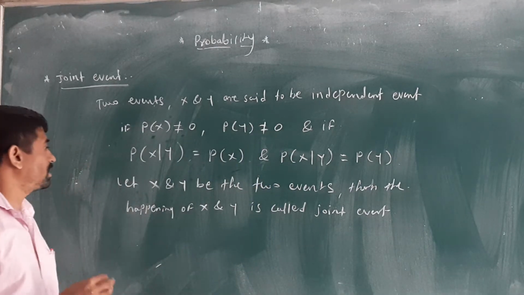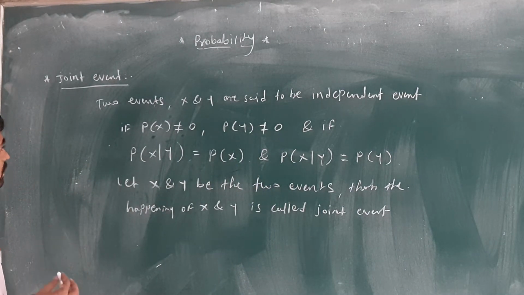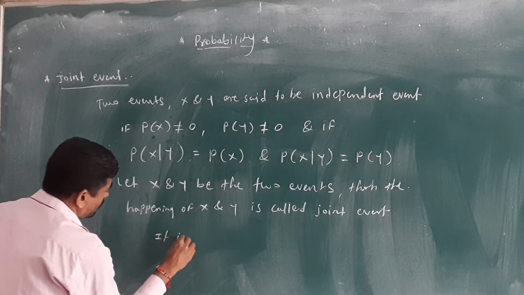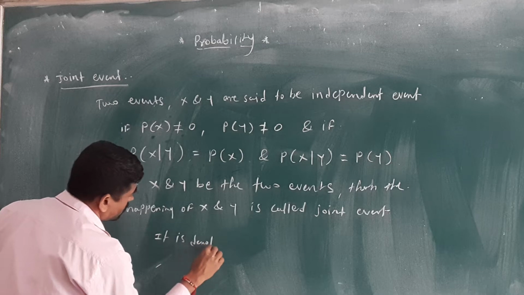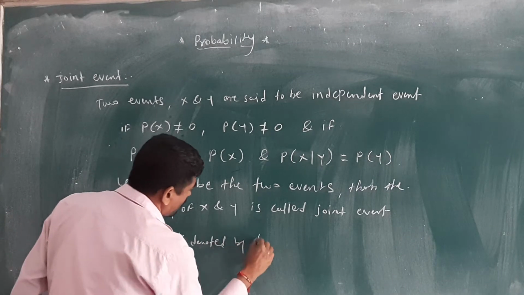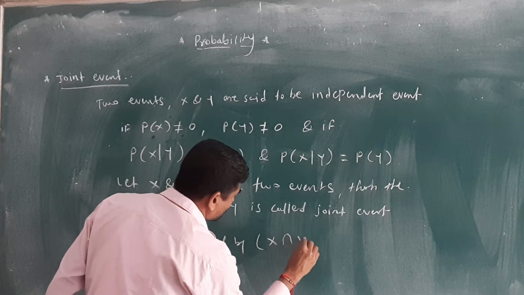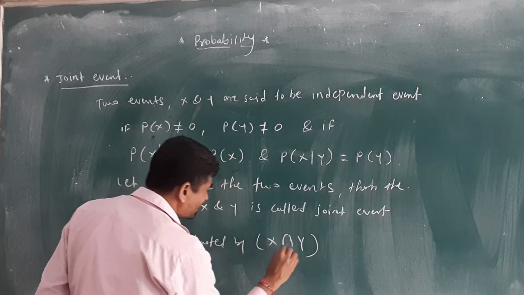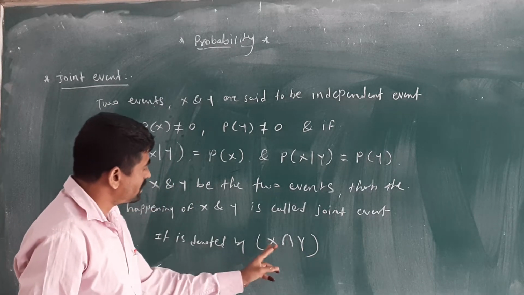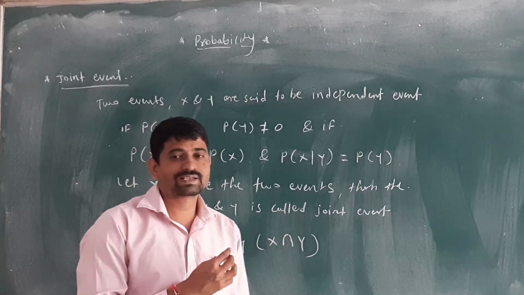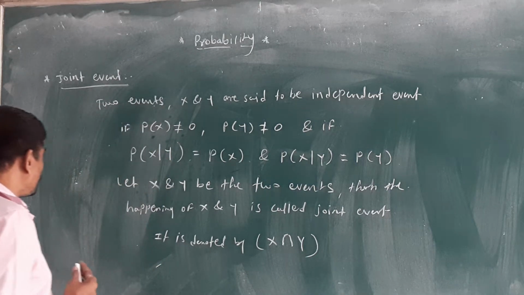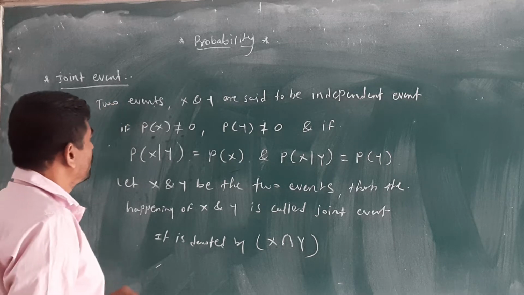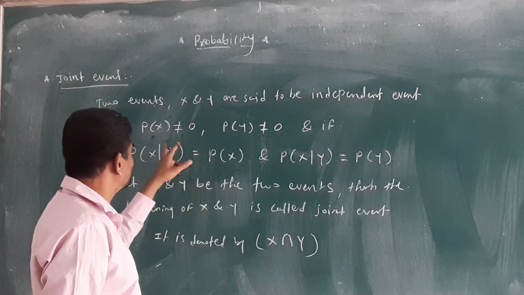Then how to denote that joint event for X and Y? It is denoted by X intersect Y. Okay, this symbol, how to read this? X intersect Y, or you can also read X and Y. Okay, here we have taken one example. Let X and Y be the two events, then the happening of X and Y.